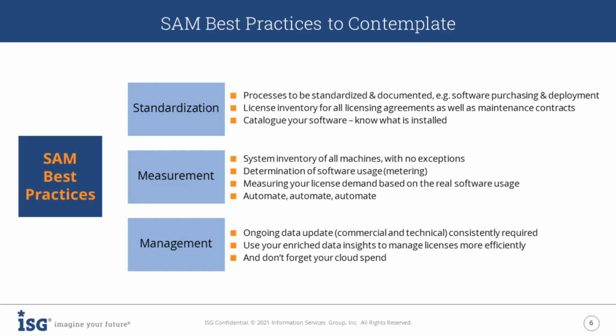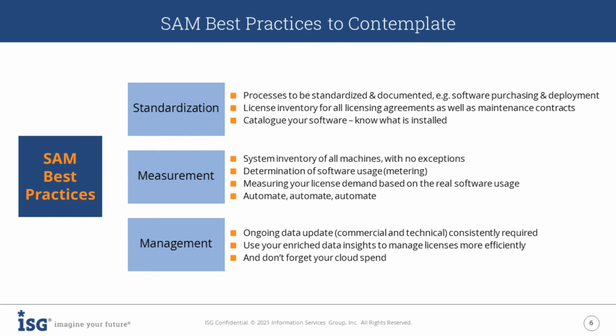When we talk about software asset management best practices, there's really three areas we look at. Standardization is one of those, and that's really referring to standardizing your processes, having them very well documented for how you deal with software purchasing and deployment, and ensuring that you have a centralized repository for all of your contracts and your maintenance agreements.